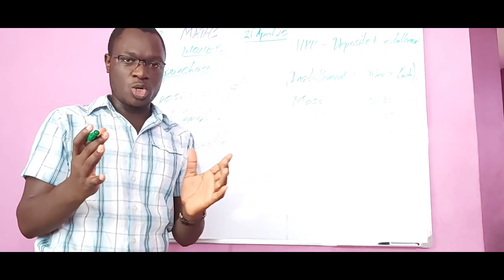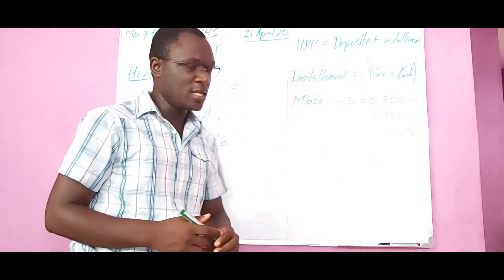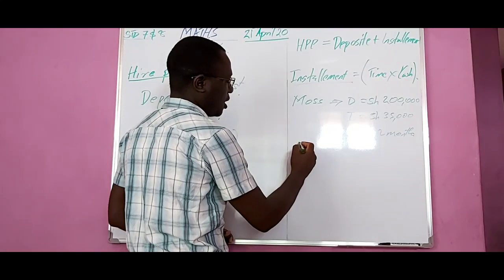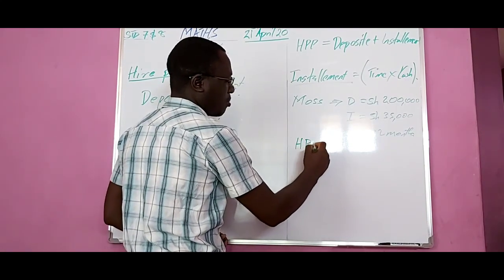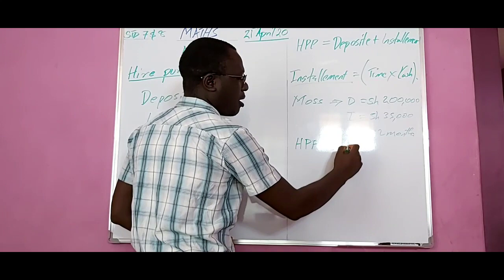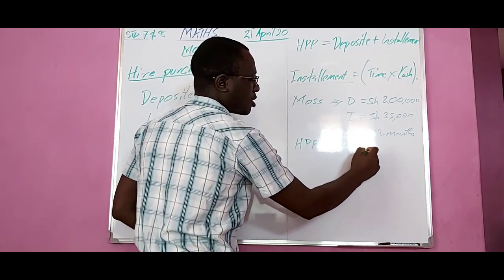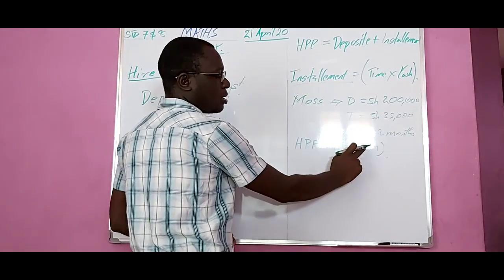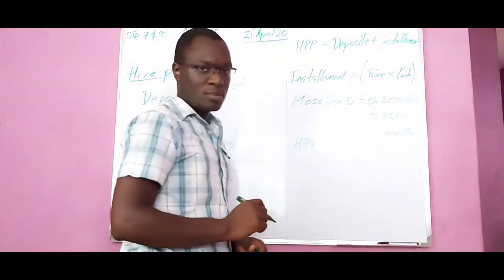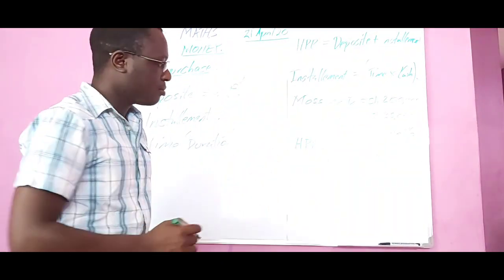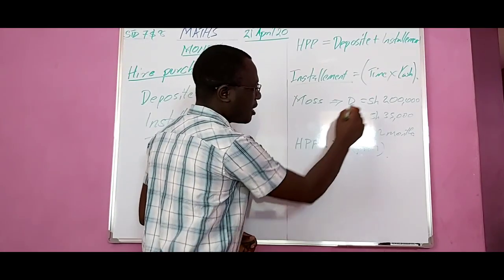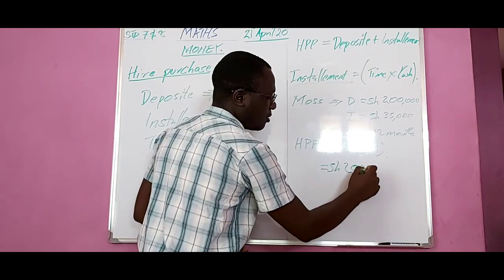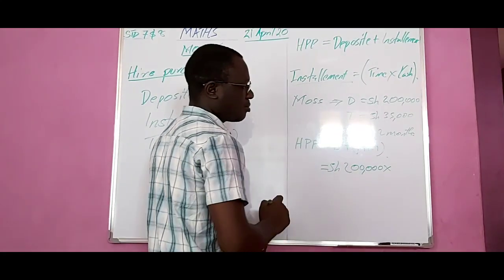So in total, how much will he pay for that wonderful car? This is the working. We say hire purchase price is equal to deposit plus monthly installment. That is installment times the total time taken.